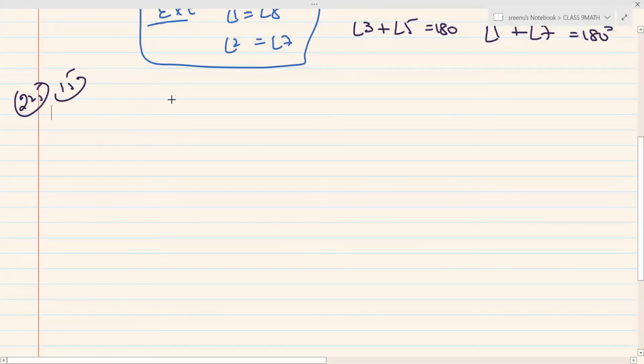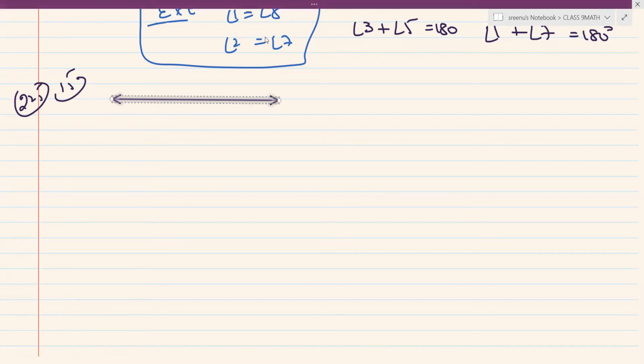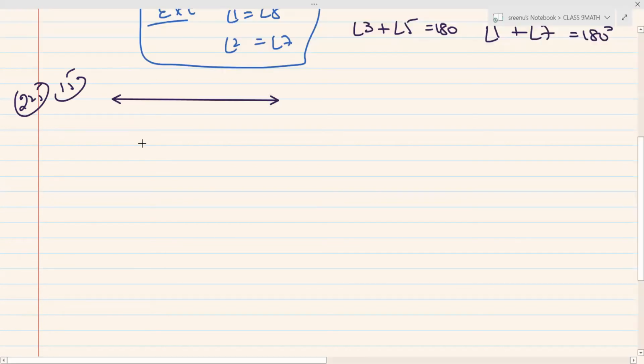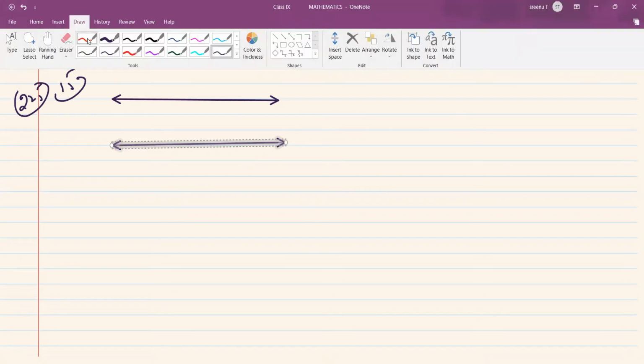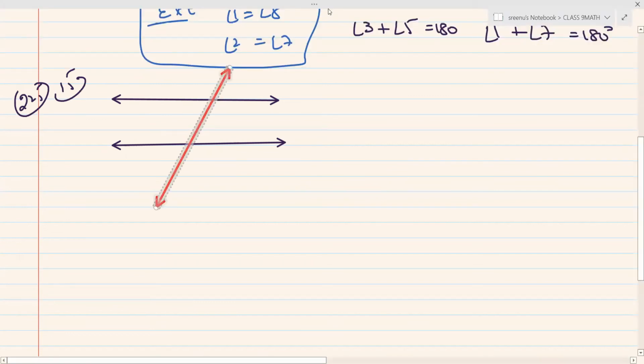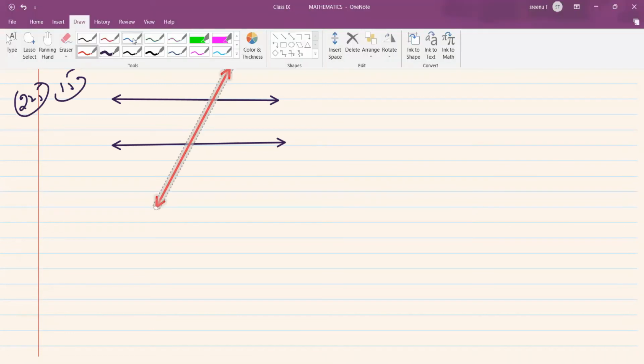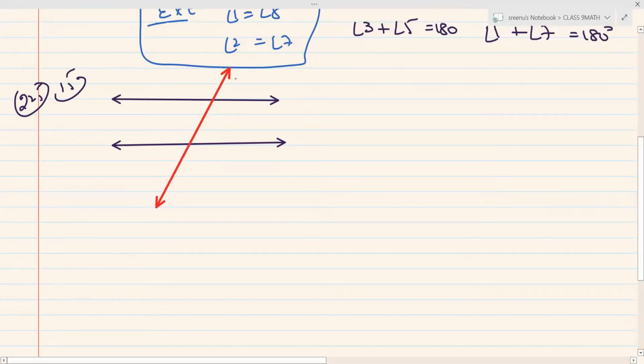It is a transversal, same like our question. So this is T and L, M. The angles are 1, 2, 3, 4, 5, 6, 7, 8, like this.